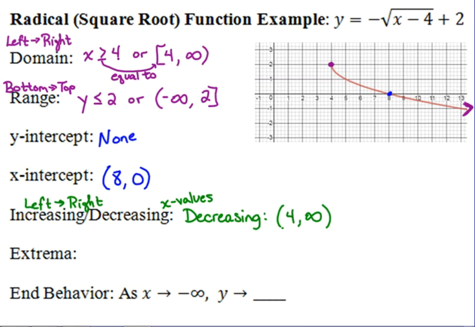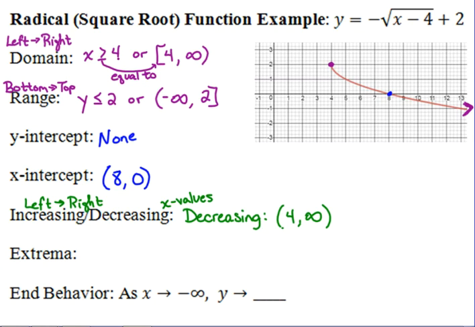We're going from 2 to 1 to 0 to negative 0.25, etc. Our y values are going down, but we use the x values to describe where that is happening. From 4 to positive infinity, the y values are going down. It's one of those tricky things, and that's really about the best that I can explain it. You always use the x values with increase and decrease.